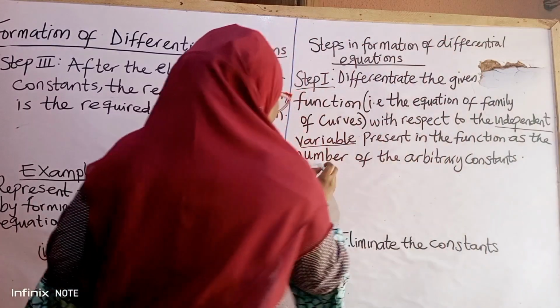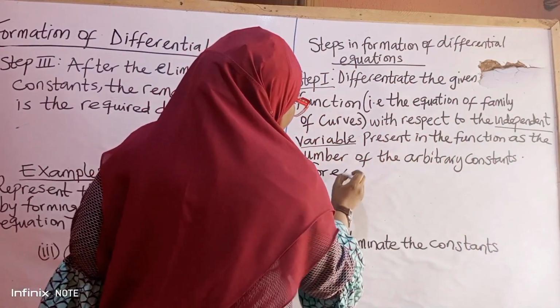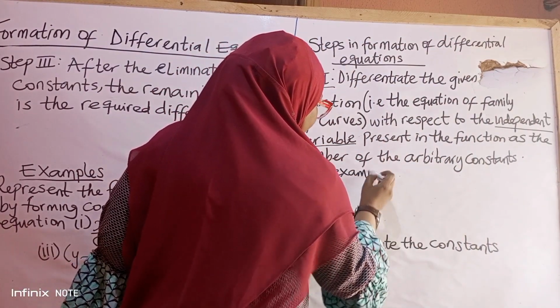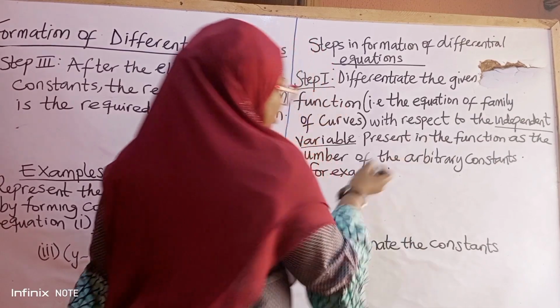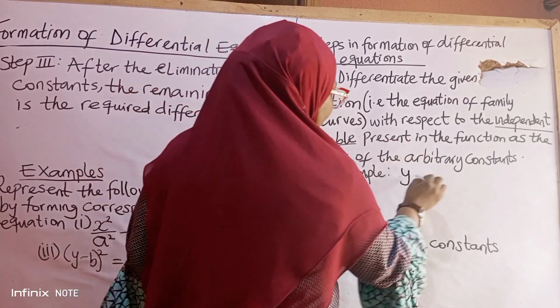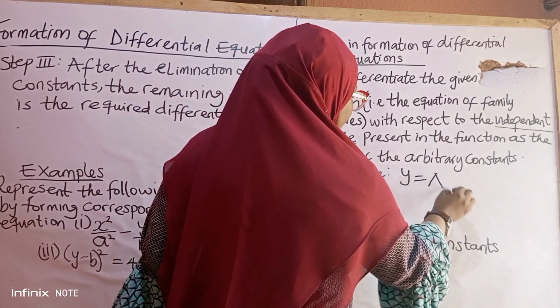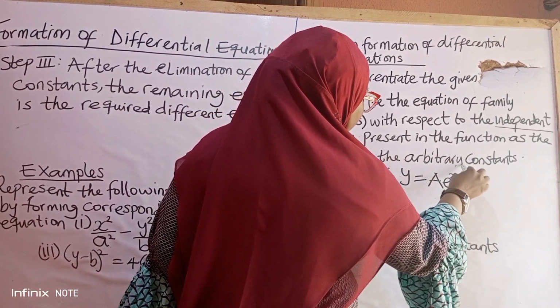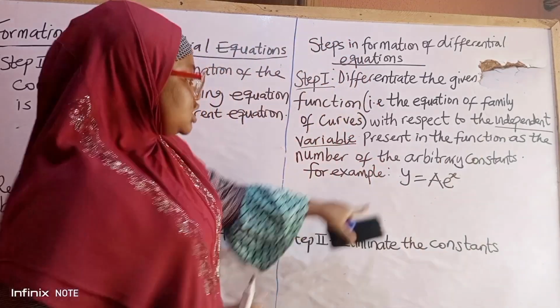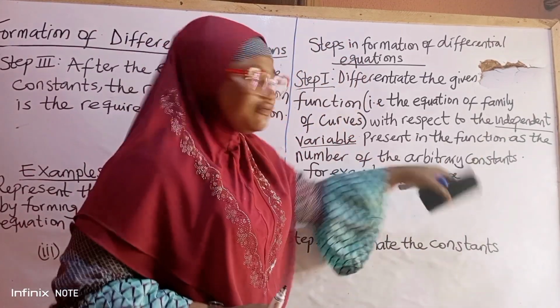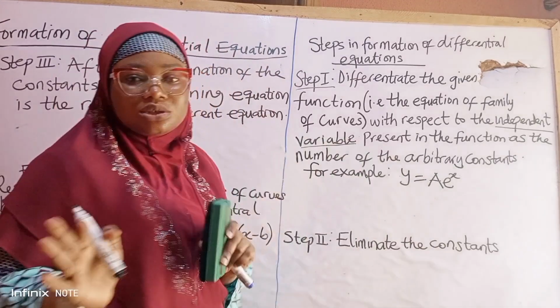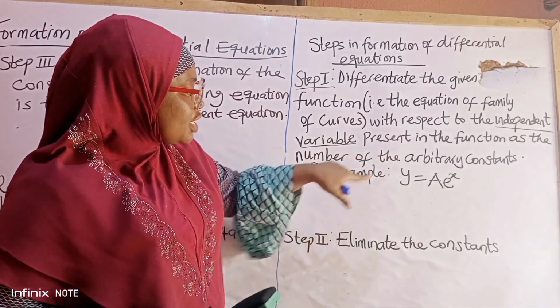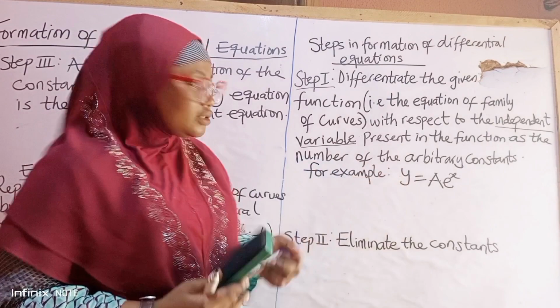So, for example, if you are given the function y equals a exponential x. This is the equation given to you, and you are asked to form a differential equation for this function.